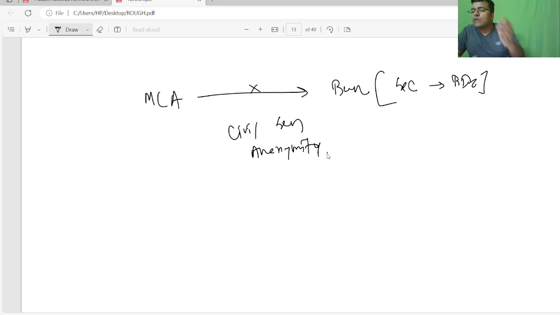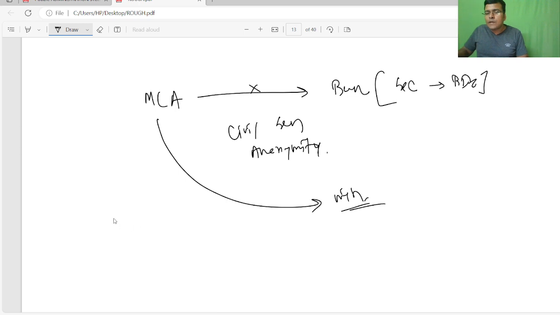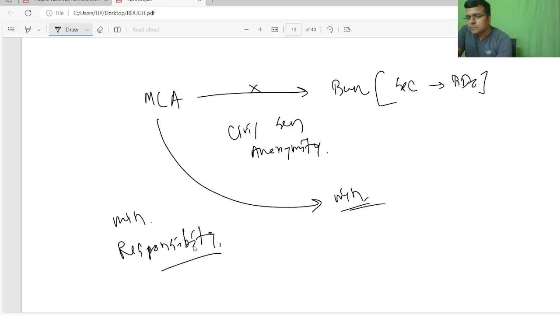So as bureaucracy works behind the curtain, MLA cannot directly put question to bureaucracy, but MLA puts question to whom? Minister. That is, we can call ministerial responsibility. It is a frequently asked question in optional. Civil service anonymity is nothing but ministerial responsibility.